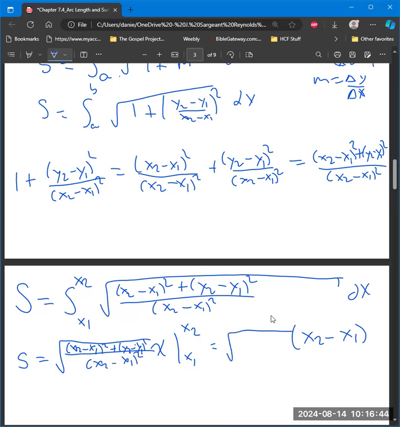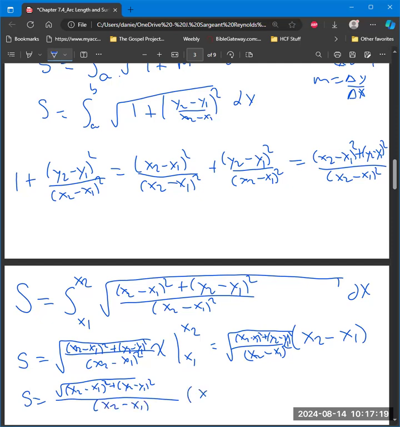So this is going to be the square root. And when we take the square root of the top and the bottom, now S is going to be the square root of x2 minus x1 squared plus y2 minus y1 squared. And the square root of that squared in the bottom is going to give me x2 minus x1, which is going to cancel with the x2 minus x1 that's sitting right here.